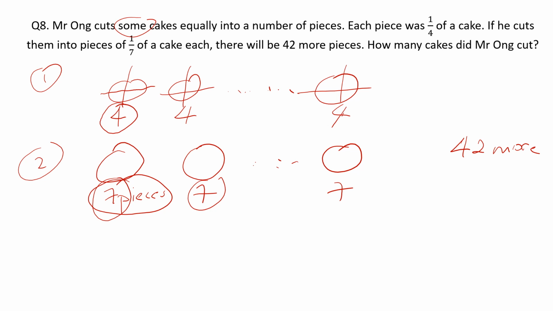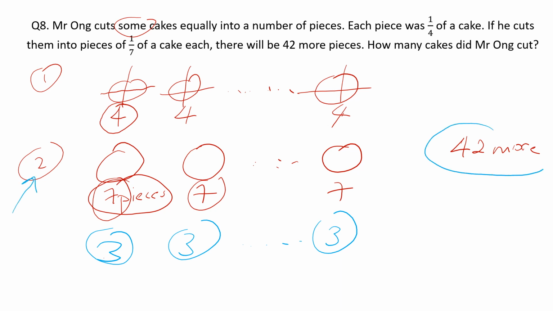Now ask yourself this question. If I were to cut into 4 slices compared to cutting into 7 slices, how many more slices do I have per cake? So from here, if I cut like this, I'll have 3 more. 3 more slices per cake. So I have 3 slices, 3 slices, 3 slices per cake. That's why they say if I cut using the second method, I'll have 42 more slices.